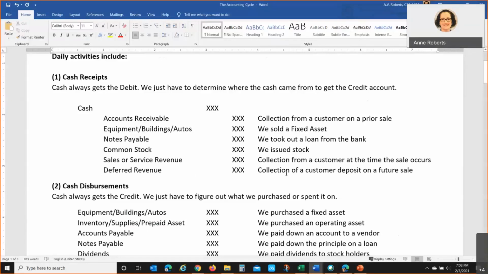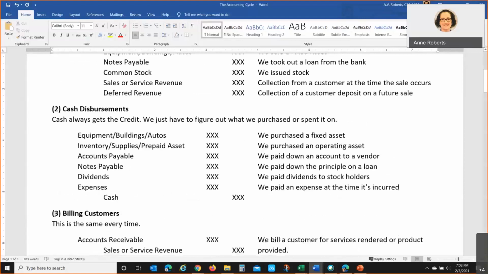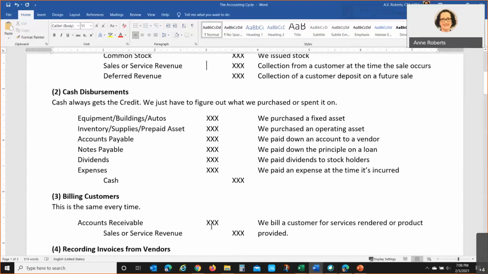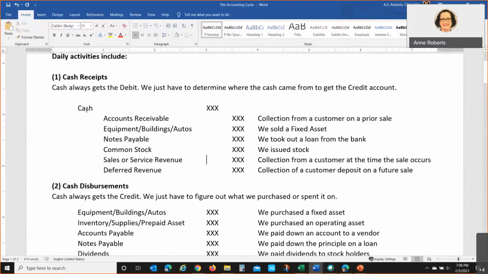Okay. So if we provide the sales or service and we immediately collect cash, we're right here. If we provide the product or the service, and then bill the customer, now we're down here first, and then we collect it up here. Are you starting to see how this all works?